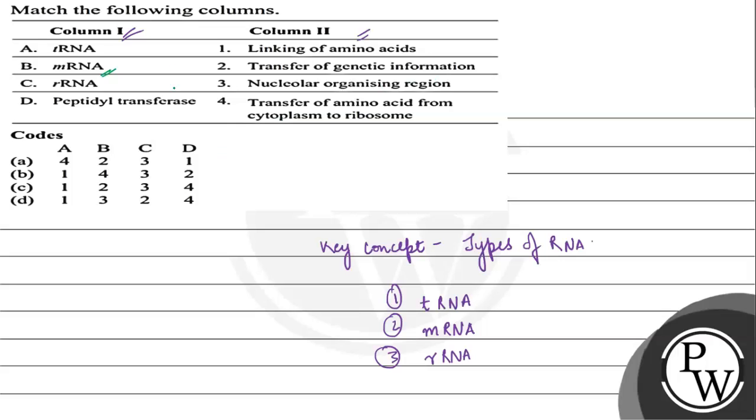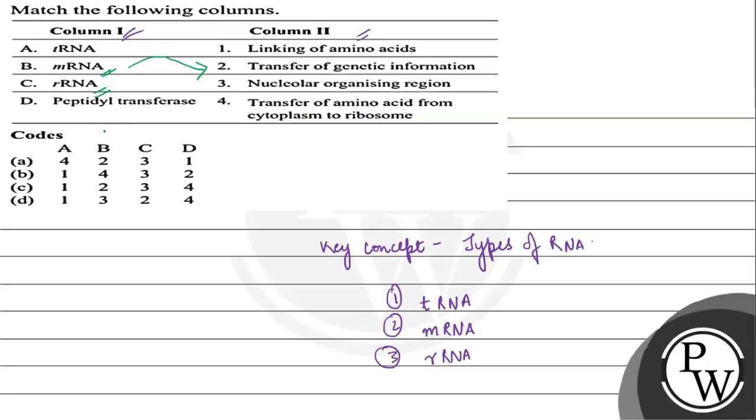Basically, in mRNA, the protein is coded in the form of different codons, and further it is translated and a protein forms. That means we can say mRNA helps in transfer of genetic material in the form of codons, genetic codons.